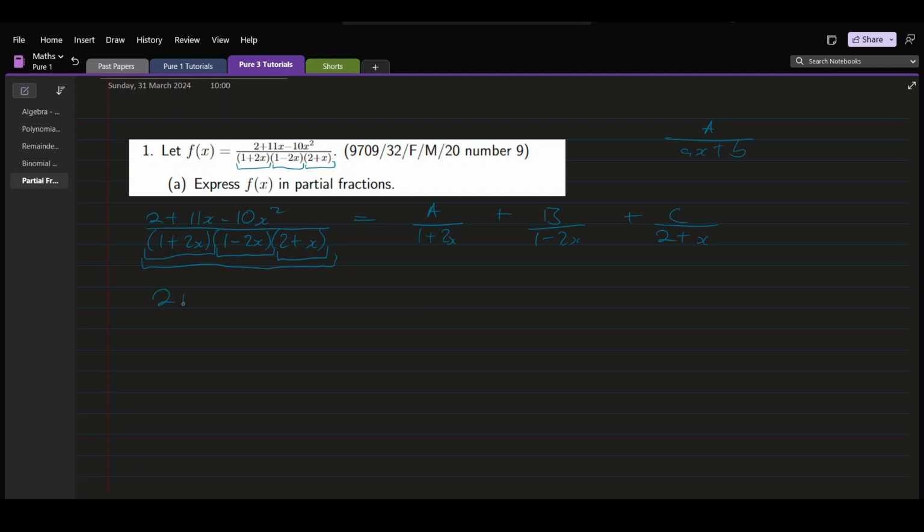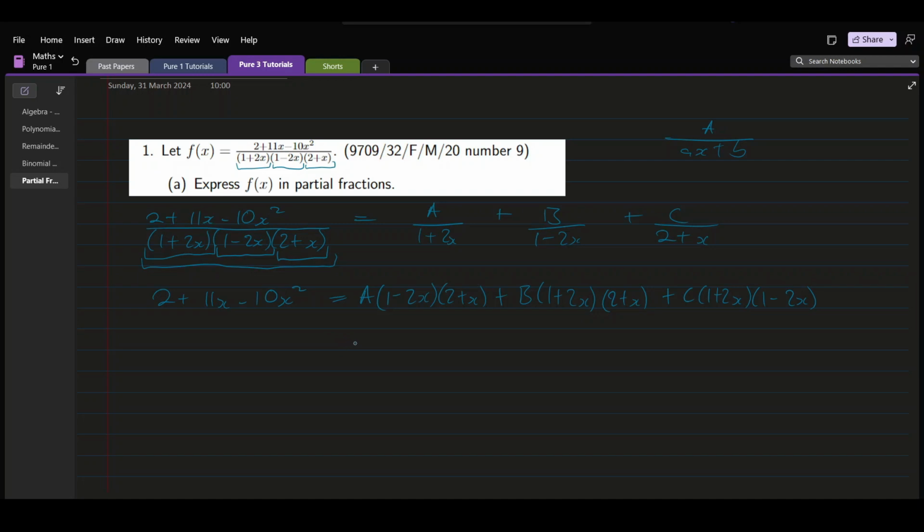This equation becomes 2 plus 11x minus 10x squared equals, since the denominator on the left hand side cancels out, A times (1 minus 2x)(2 plus x), and then B becomes (1 plus 2x)(2 plus x), and finally C becomes (1 plus 2x)(1 minus 2x). So now we need to evaluate A, B, and C.